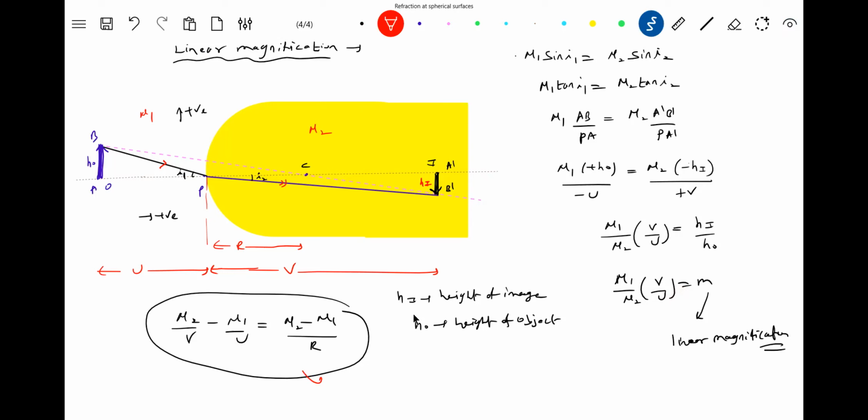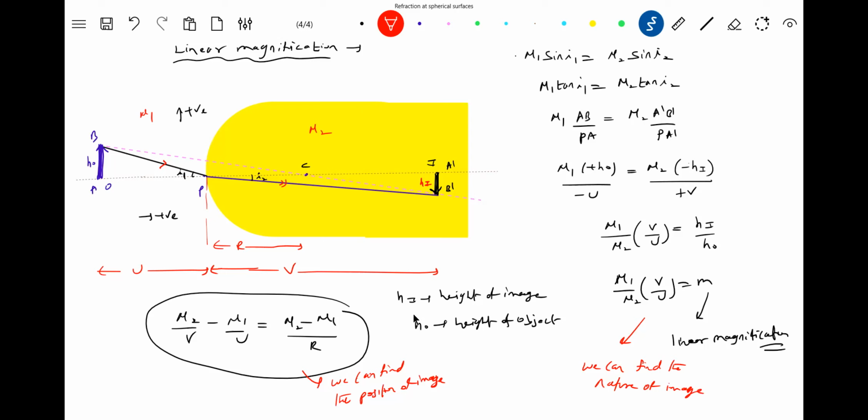I'll just summarize: using this formula, we can find the position of the image, and we can find the nature of the image. I think this is what we needed.